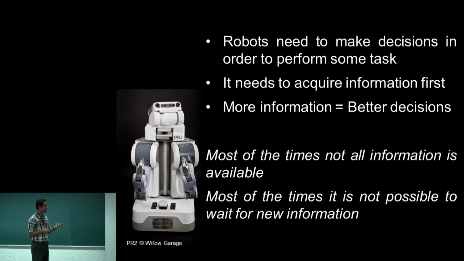Sometimes we don't have enough sensors, or the sensor is not so good. So we don't have enough information and the robot needs to perform some action, right? The other problem with robots is that most of the time it is not possible to wait for new information to arrive. We want robots to perform actions in real time, so that's another problem, okay?